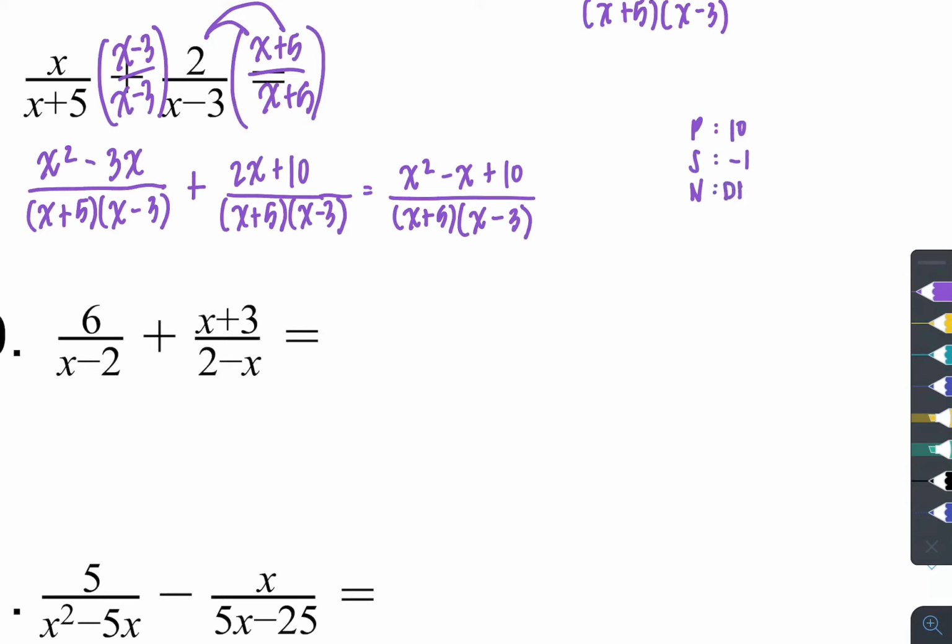The numbers do not exist, so we are going to leave it as that. If you want to, you can multiply out the denominator. So it's x squared plus 2x minus 15.